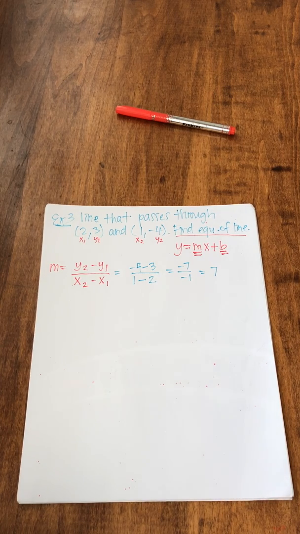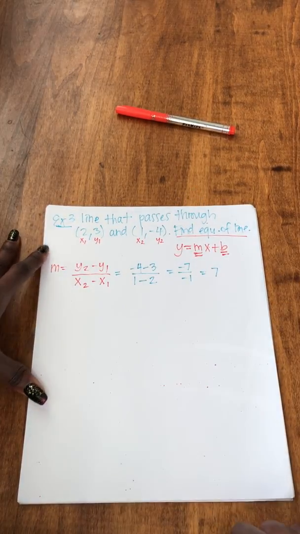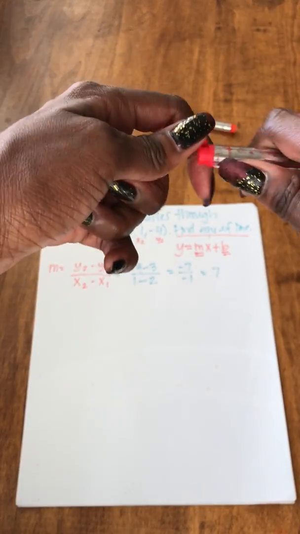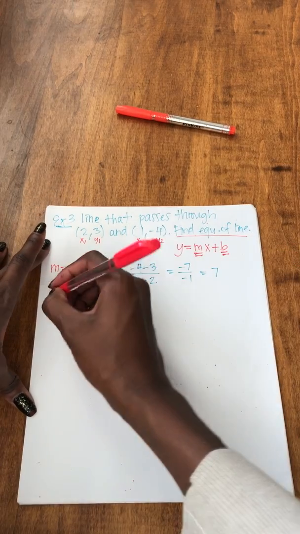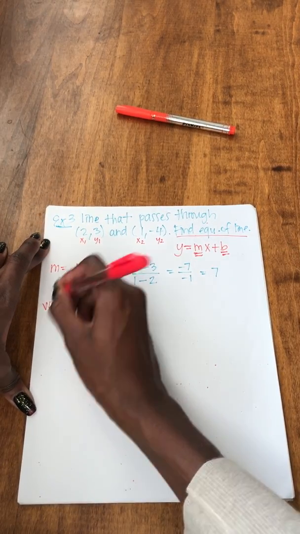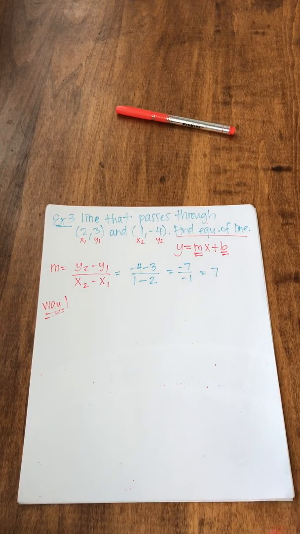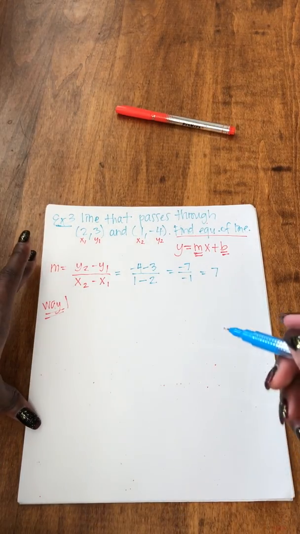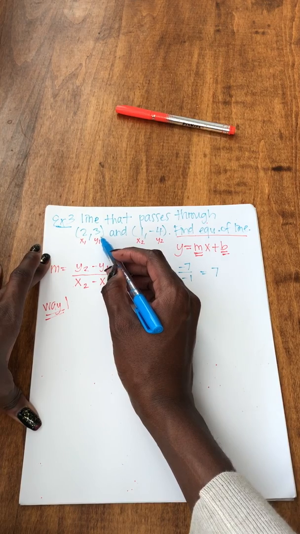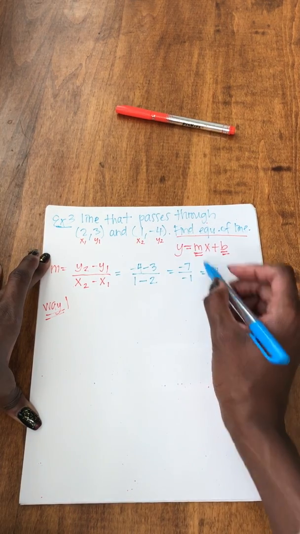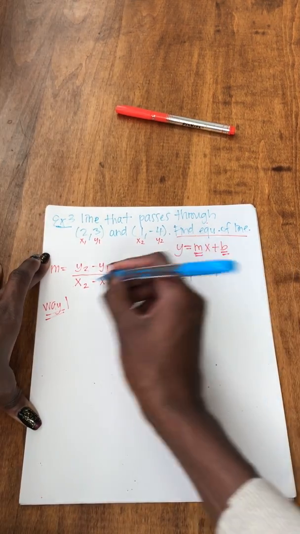So however you want to work it now is completely fine. But for the purposes of this video, I'm going to work it both ways, okay? So way 1, we're going to just pick a point, an x and a y, and then we already have our m, and we're just going to plug it into our regular equation, okay?